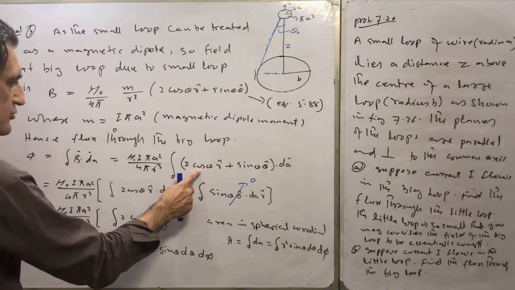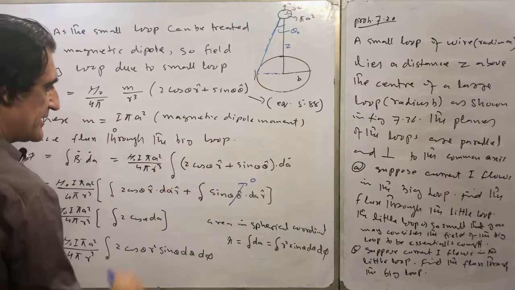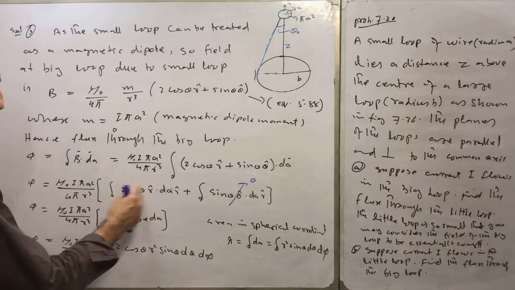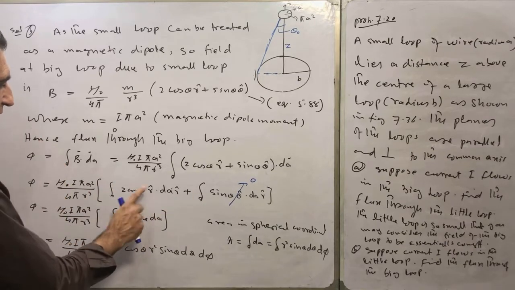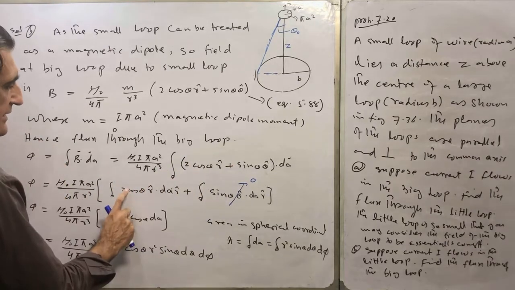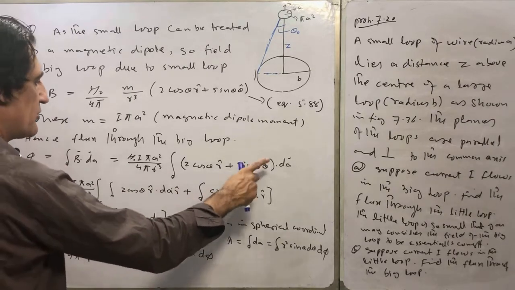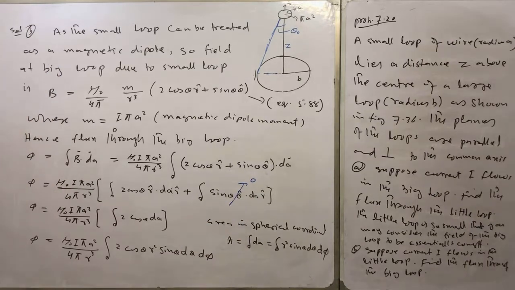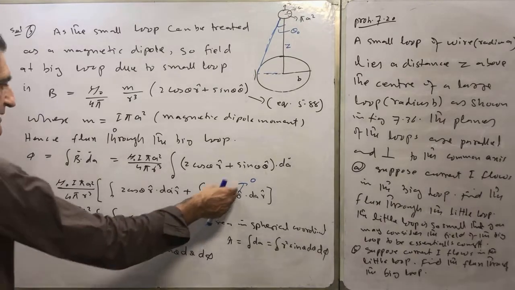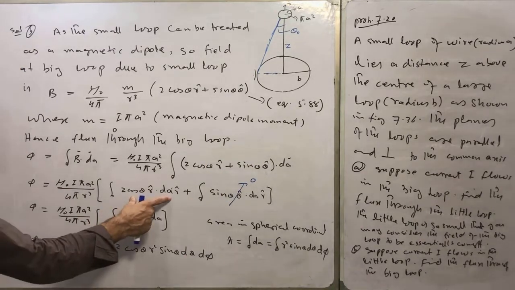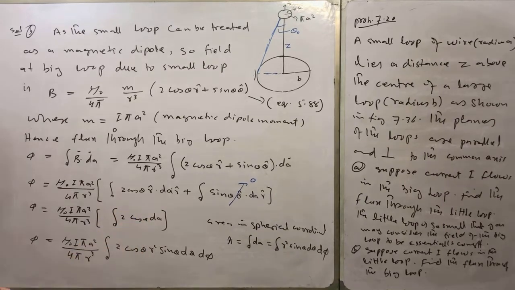Now we have two parts, this part and this part, the unit vector r and the unit vector theta. Then we will integrate both these two terms, 2 cos theta r and dA r, and this. Then this term goes to 0 because the dot product is perpendicular, and we will have only this term, 2 cos theta and dA.